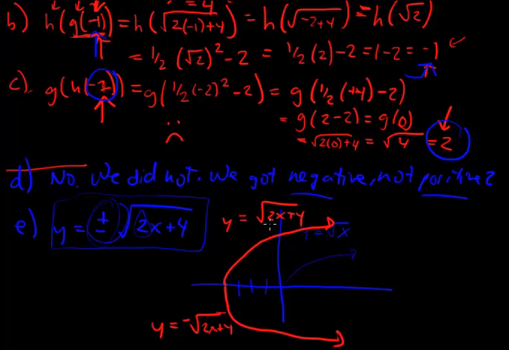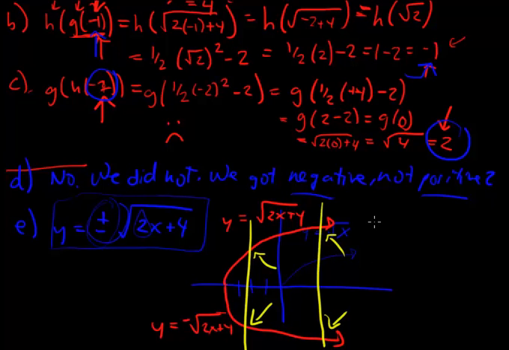So why is this not a function? Well, remember if we take our pencil or our vertical line test, here it hits twice. So anytime we take a vertical line, here it hits twice. Everywhere we have a vertical line, it hits more than one time.